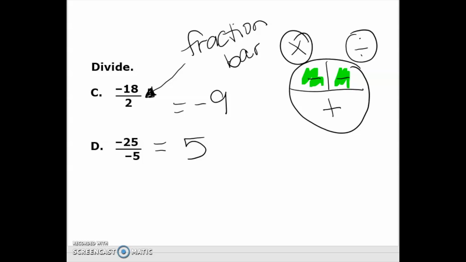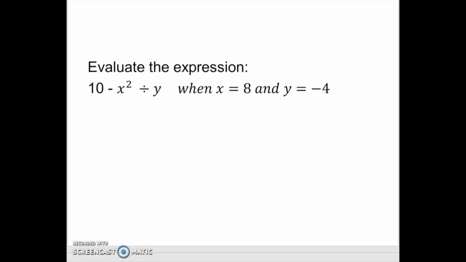Again, we're using that Mickey Mouse exactly like we were doing for multiplication. Now we need to be careful when we start getting into more complicated expressions. Now we're tying in adding, subtracting, multiplying, dividing, all of those rules together. Remember, our adding and subtracting rules are different than our multiplying and dividing rules. The first thing we're going to do here is substitute just the letter with its numerical value.